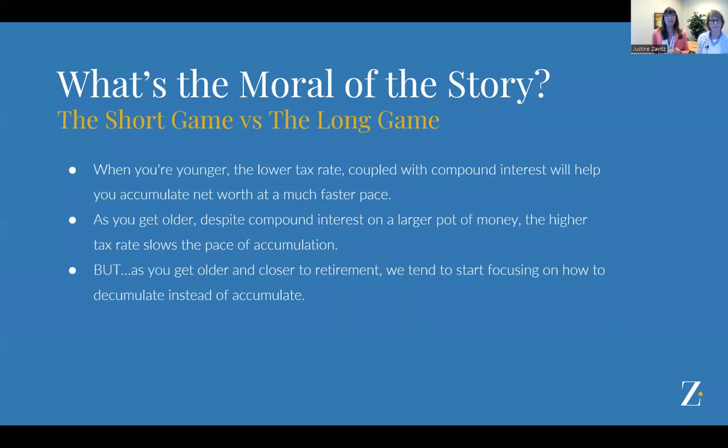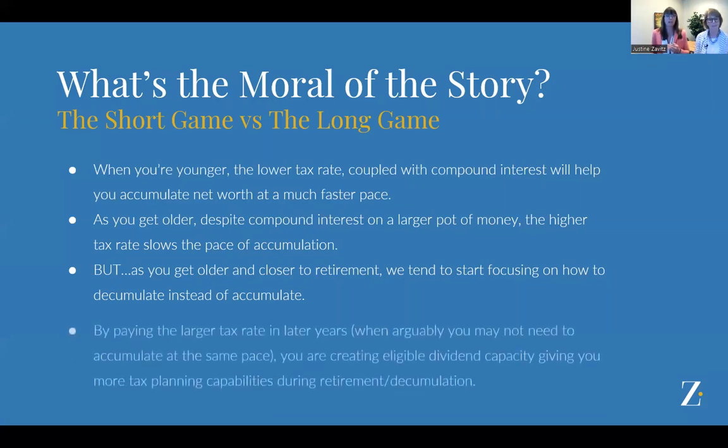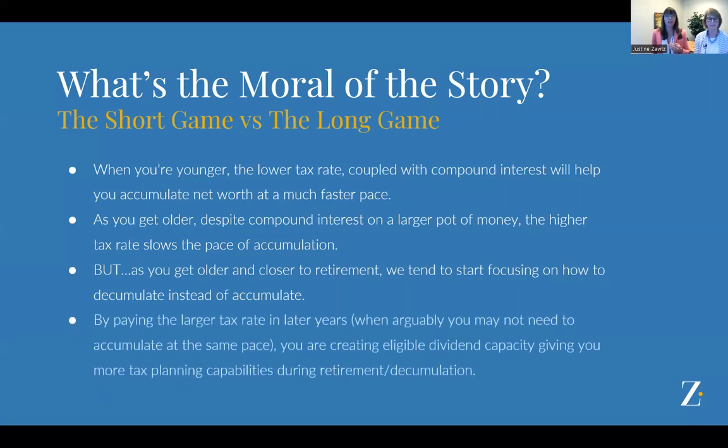So what is nice about having an eligible or higher tax rate in your corporation at some point in your lifetime is that you are accumulating eligible dividend capacity. And when it comes time to decumulating your assets in retirement, you'll have more tax planning capabilities.